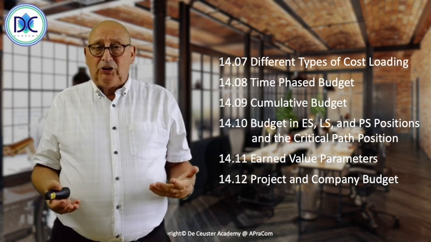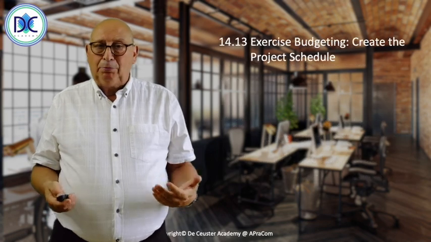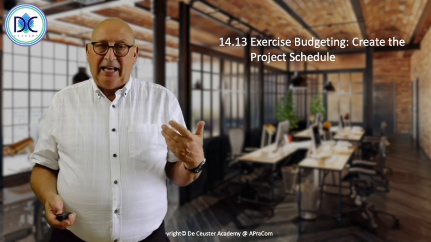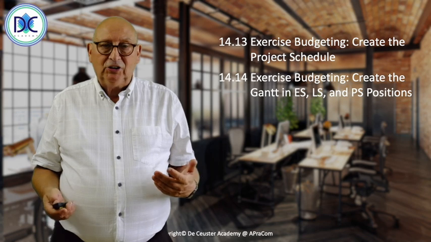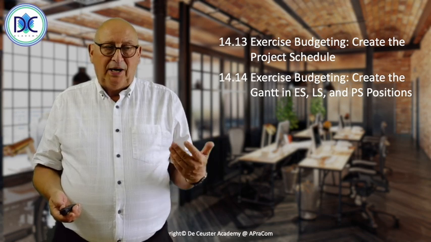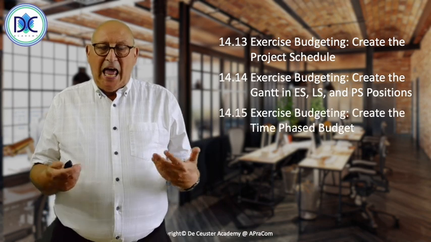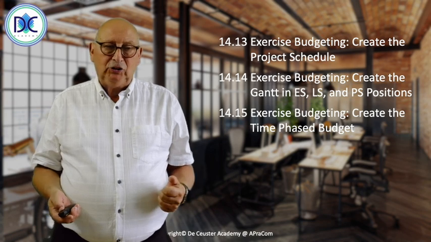Then we look at the budgeting exercise, and we always start by creating the project schedule. We calculate the Gantt in early start, late start, and planned start positions. That's the first thing we do. Then we continue by adding the cost to the different activities, and we will find the time-based budget for this exercise, for this project.